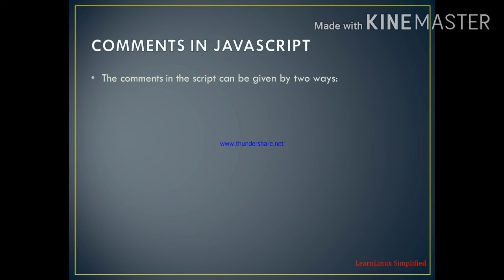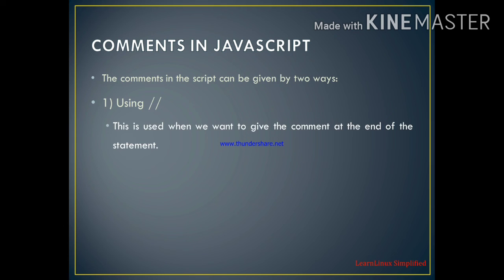First, using double slash. Wherever you want to add a comment, after the end of that particular text string we can add double slash and write the comment. This is used when we want to give a comment at the end of the statement. This is called a single line comment, which starts with a double slash and ends at the end of that line.